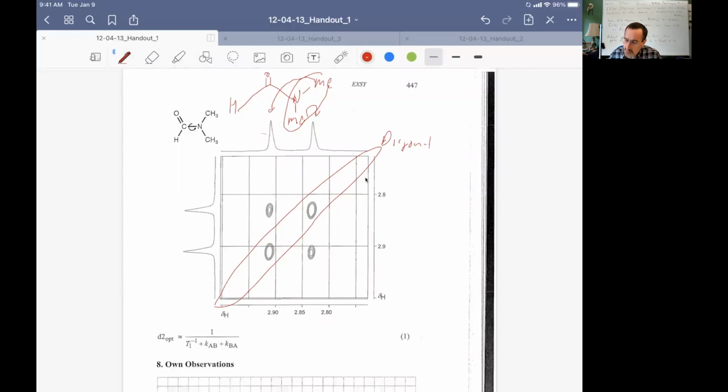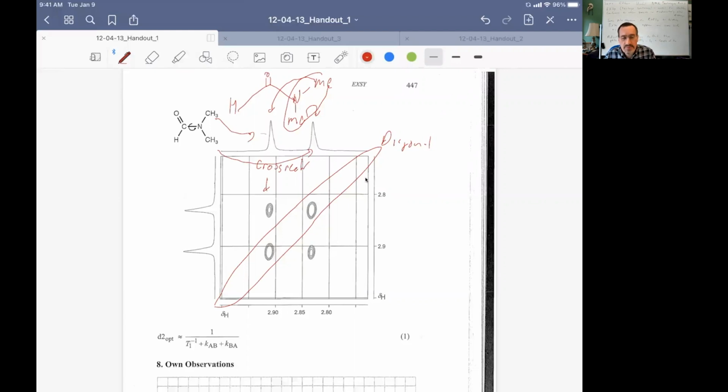So in the EXSY spectrum of this warmed sample of DMF, what you see is a cross peak between the two methyl groups. And what that means is the methyl group that is cis to the carbonyl group and the methyl group that is trans to the carbonyl group are swapping places.